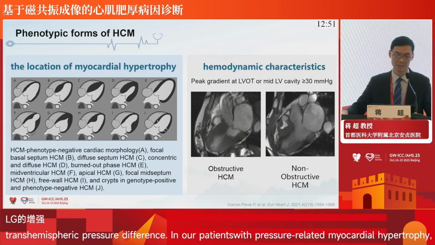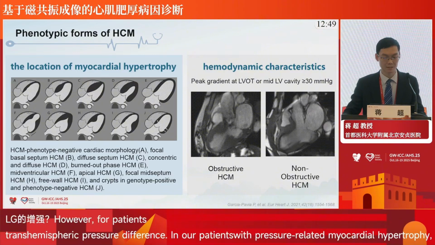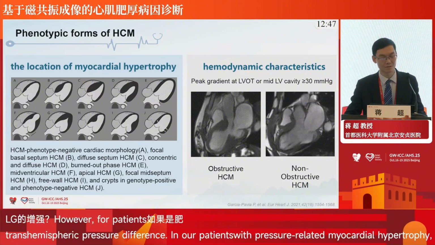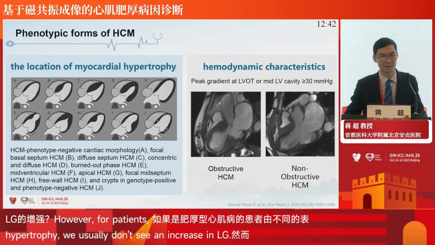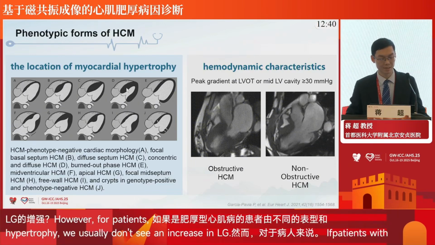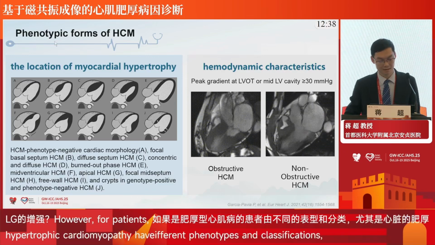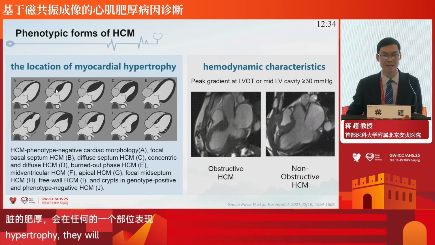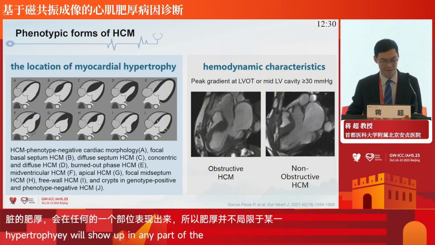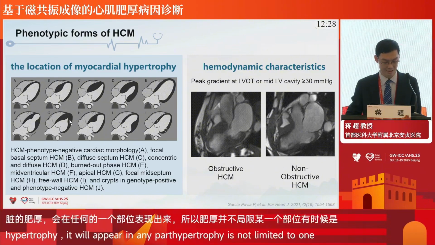However, for patients with hypertrophic cardiomyopathy, there are a lot of different types and forms. The hypertrophy can happen at any part of the heart: at the basal, the middle part, or the apical.